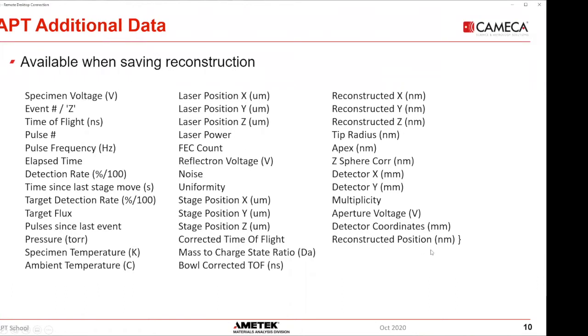Some of the sections that are available right now, actually I pasted this from the code. When you're doing your reconstruction, as well as having your X, Y, Z, and mass charge in your APT file, you can also choose one or more of these other columns that are available. These are things that have been asked for a long time.